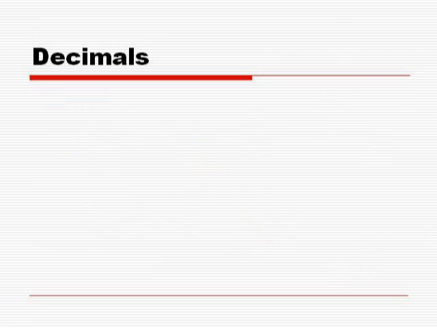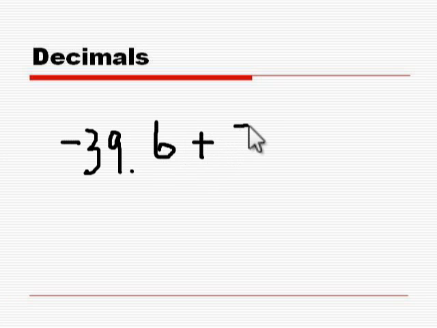Okay, let's do a decimal example. So let's say we have negative 39.6 plus 7.42. Okay, so ask ourselves that same question.